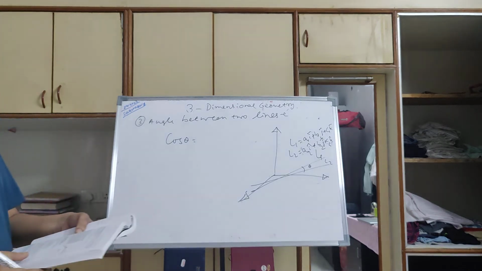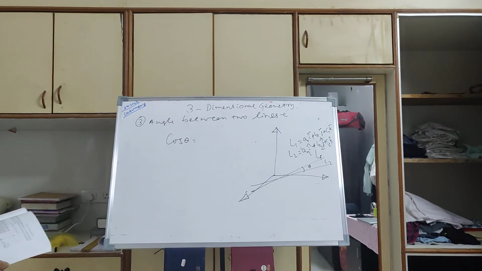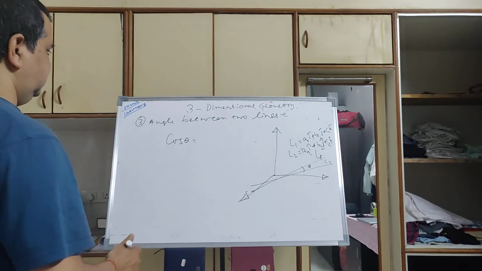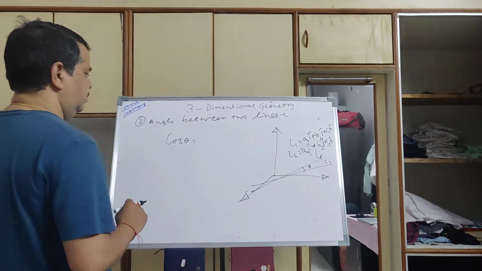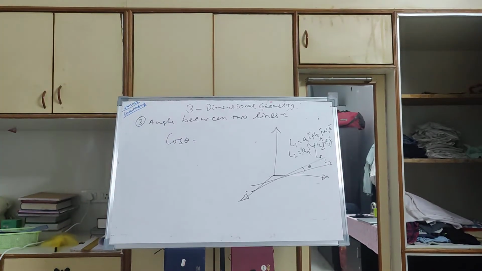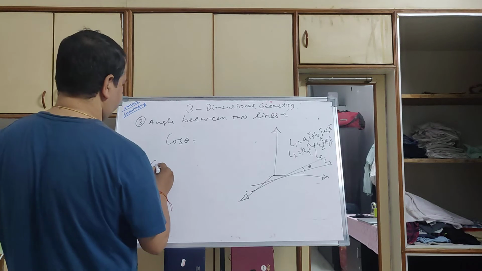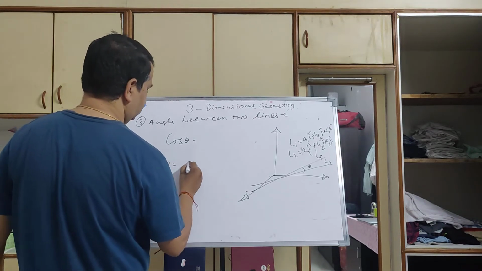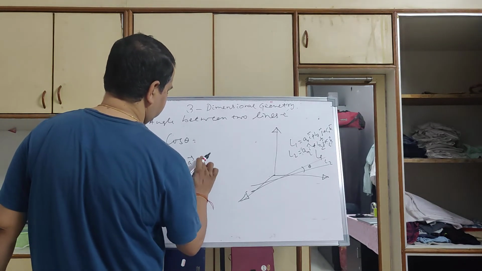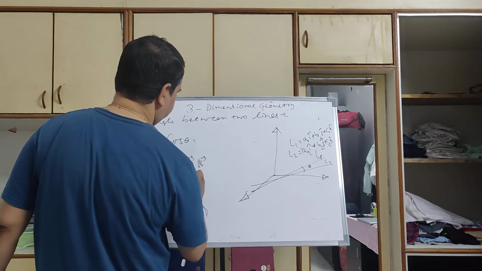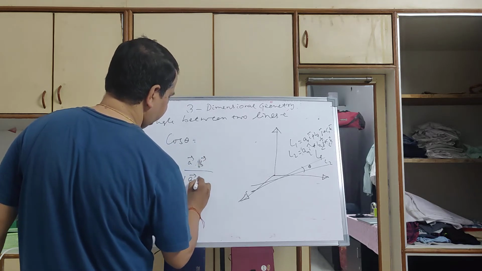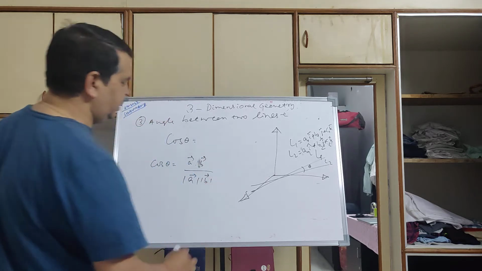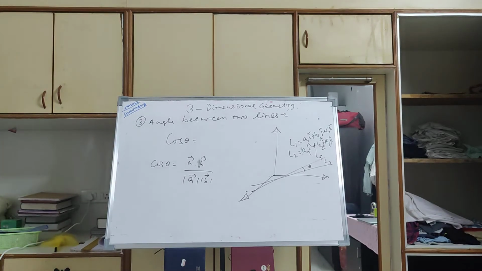Okay. So the cos theta angle, we can write it like earlier when we were doing dot product, we had written A dot B divided by A magnitude, B magnitude. So the same thing applies here also.